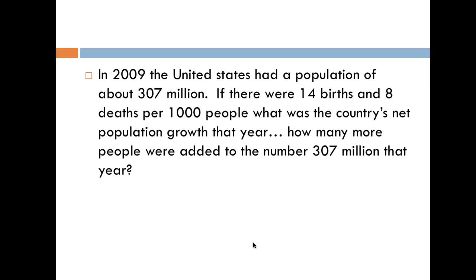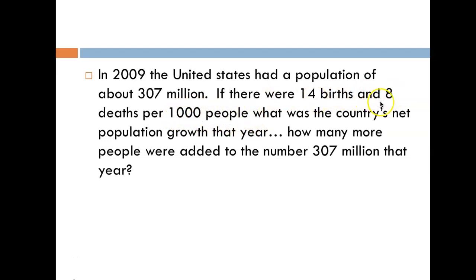So what you can do with these numbers right here is you can actually calculate a growth rate, because what you'll notice in this word problem, r is not given. N is given, but r is not given. So you would have to calculate that, which is pretty simple. So I want to know, what is the rate? What is the blank per blank? Well, if there's 14 births and 8 deaths per 1,000 people, well, how much growth per 1,000 people?